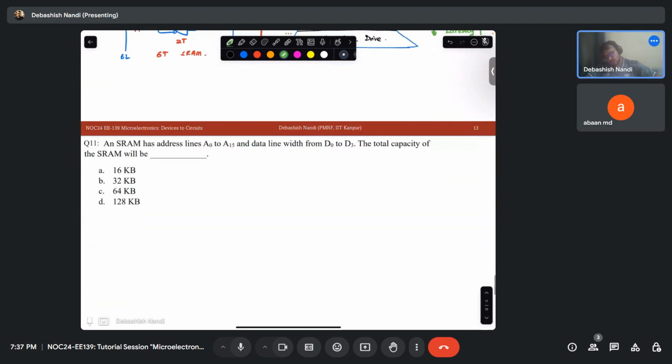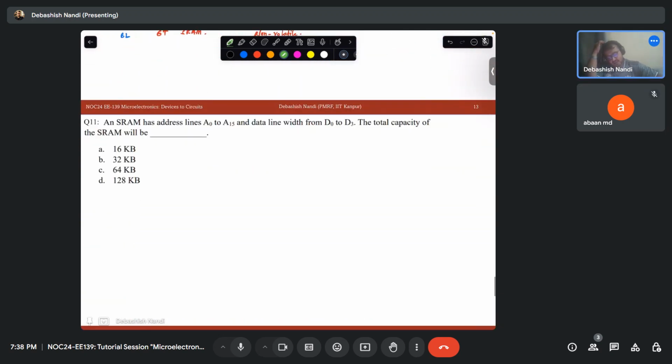Okay, sure. So an SRAM has address lines. The general theory I'll elaborate with the crossbar design in Sunday's class.